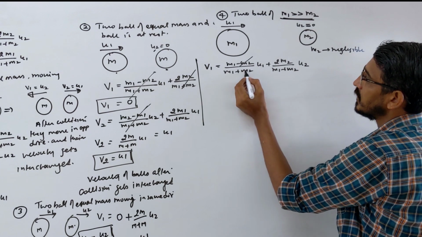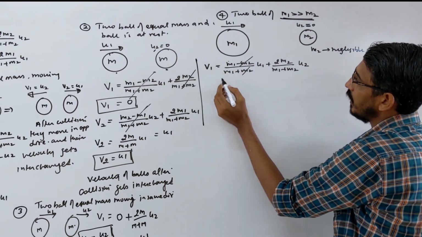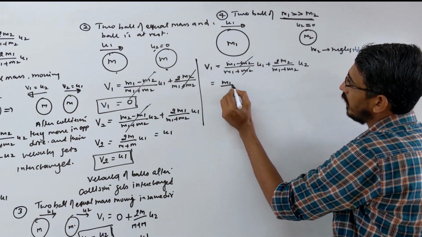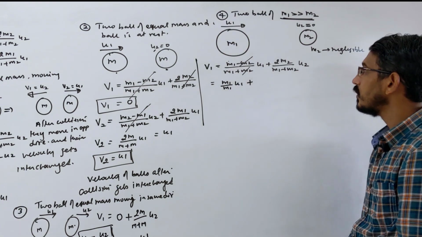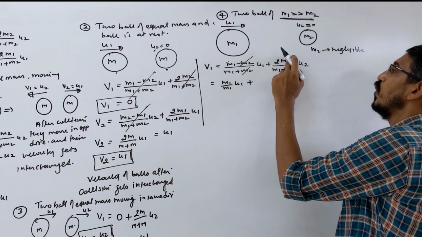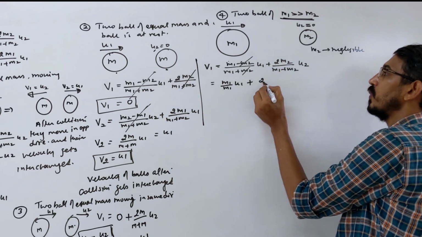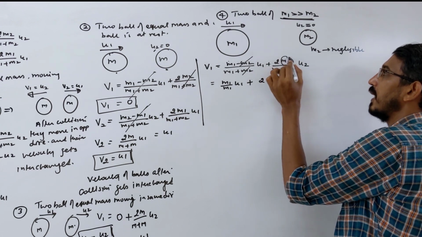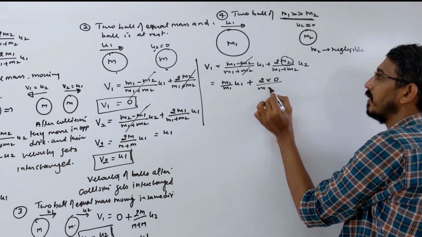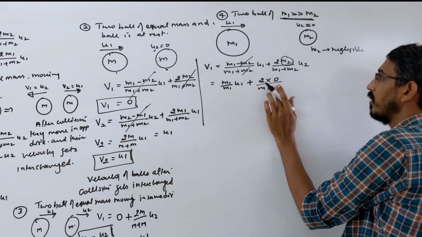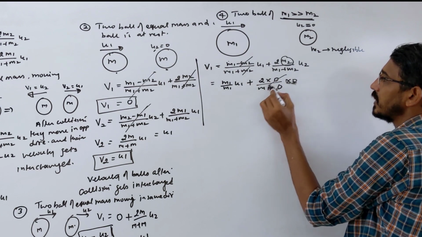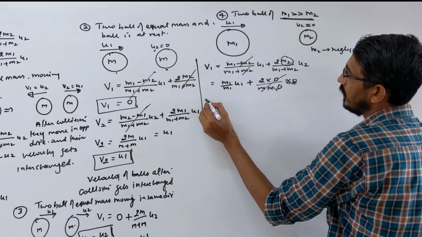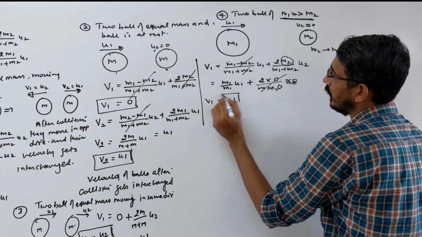Same here also, m1 plus m2, we can neglect m2. So we get simply m1 by m1 into u1, that is u1. And here m2 is very small, so we make it 0, we neglect this m2. Divided by m1 plus m2, again making it 0, into u2, which is already 0. So this term is coming to 0. So v1 is simply u1.